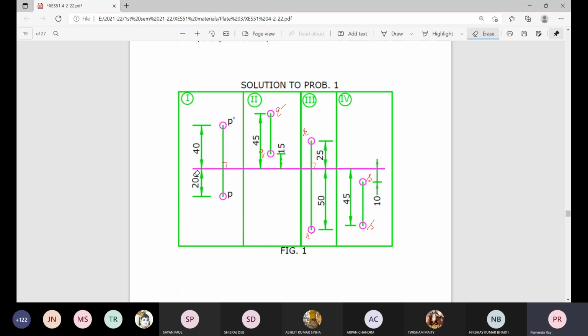Now the dimension formalities: extension line, dimension arrowhead, dimension figure, etc. But you have to do it with your own hand, otherwise it will be very difficult, particularly in this pandemic situation when you are not allowed to attend the regular classroom or drawing hall classes. Naturally, you are missing so many important things, because this subject is different from others.